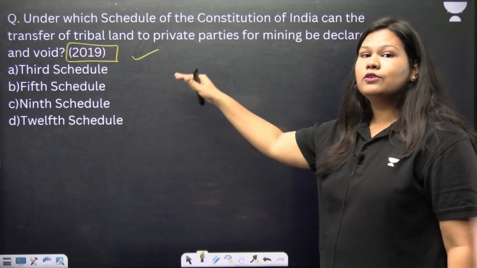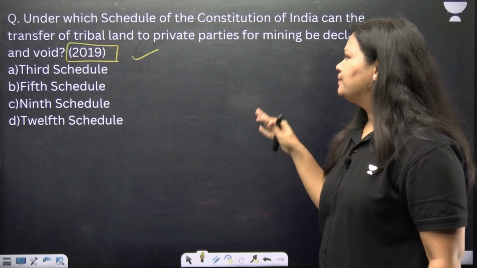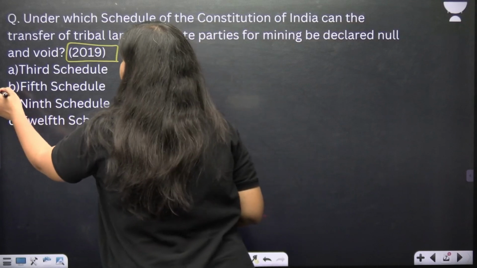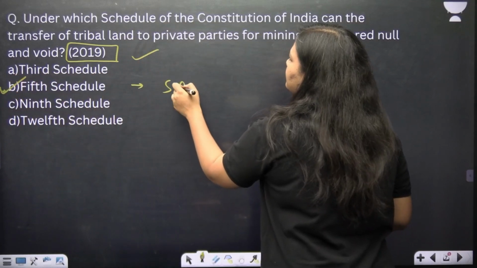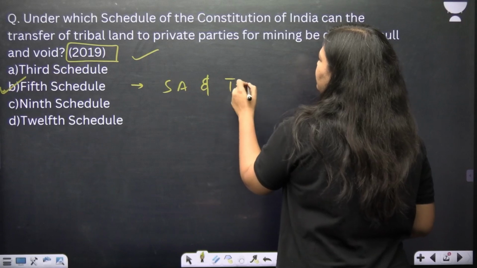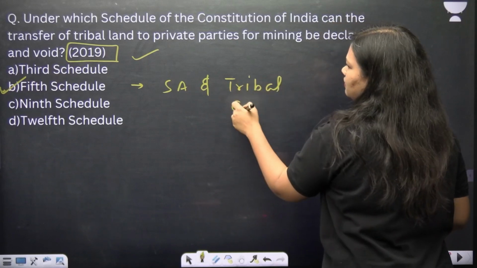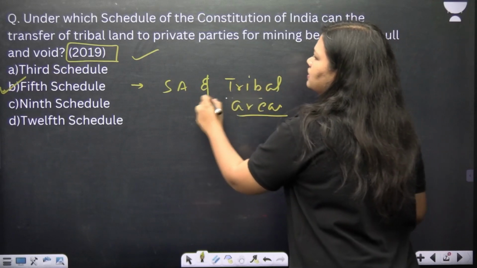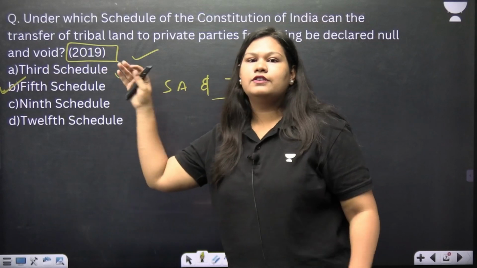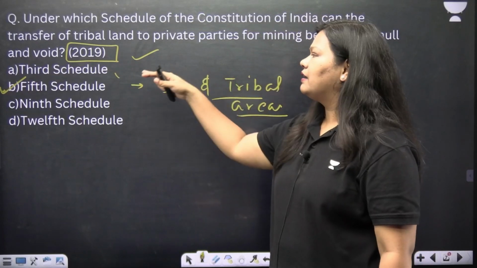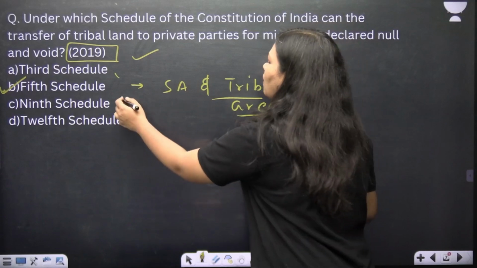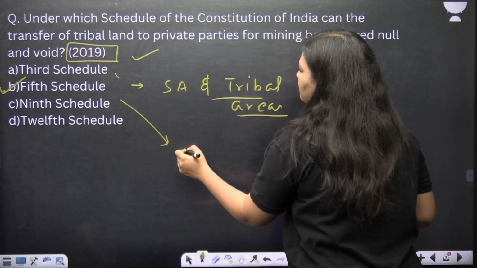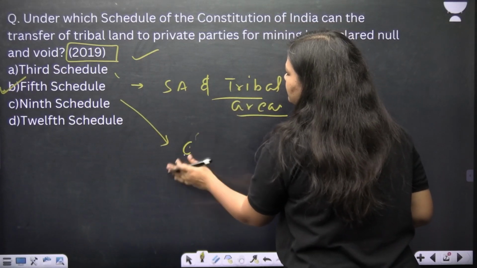Now we need to know what these schedules do. The correct answer is 5th schedule, because it deals with scheduled areas and tribal areas. 3rd schedule deals with oaths of judges of the Supreme Court and ministers, etc. 9th schedule deals with laws of center and state to keep them away from judicial review.